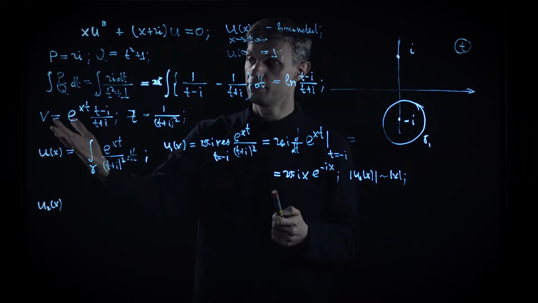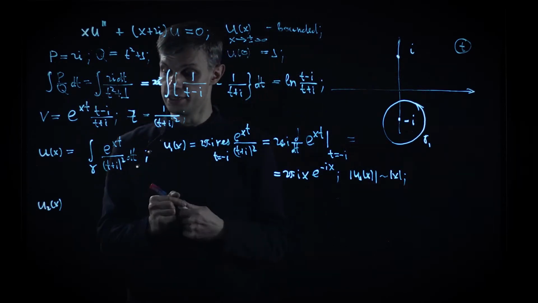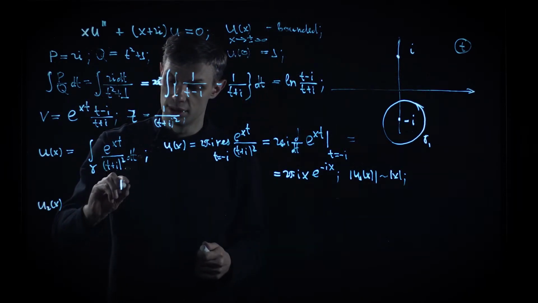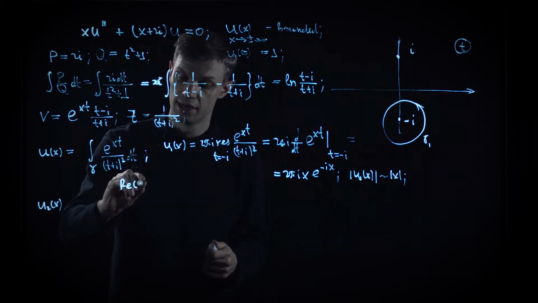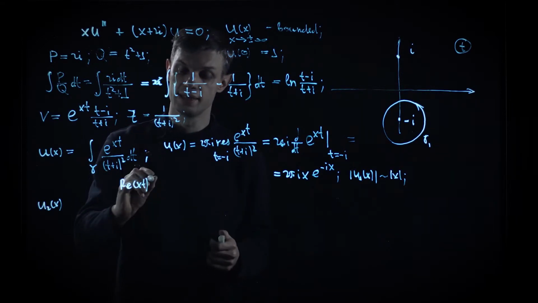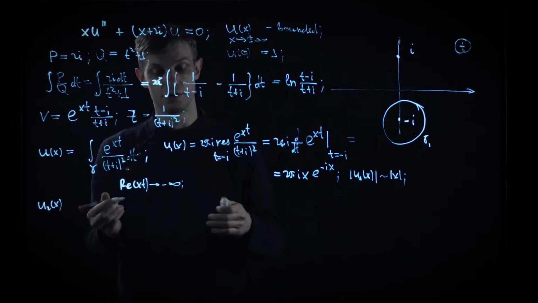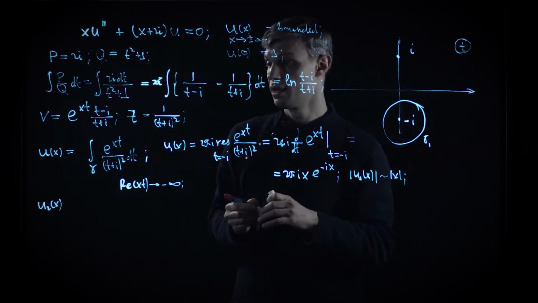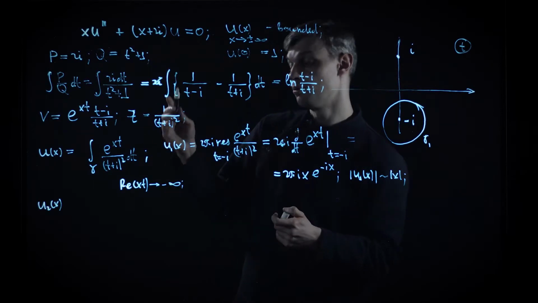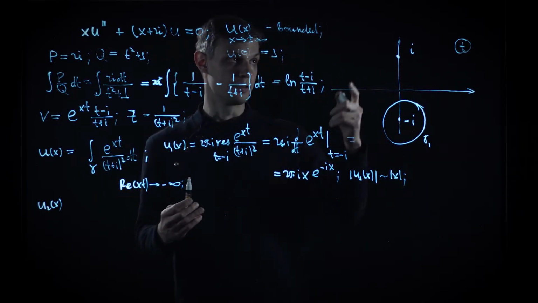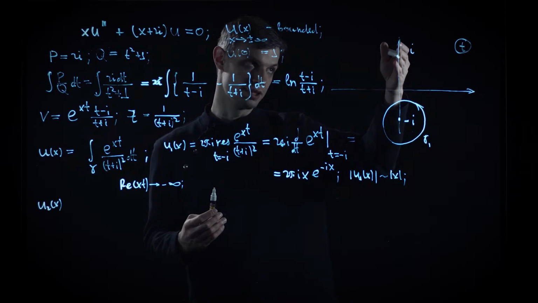When we look at our v function, we realize that as soon as the real part of xt tends to minus infinity, if t goes to infinity in the complex plane, then that would be the possible end of our contour. The beginning would be at point t equals i.